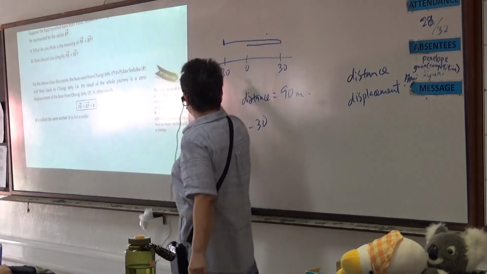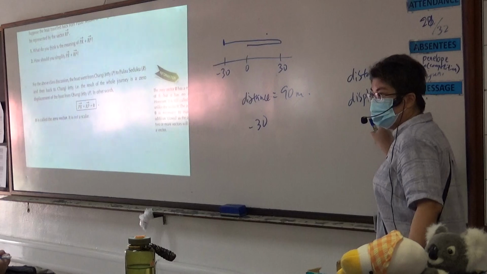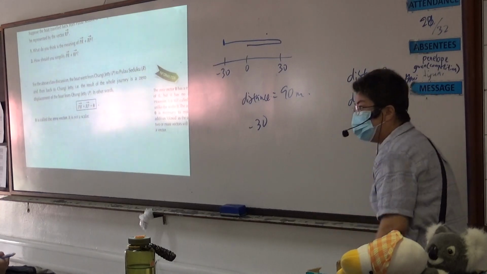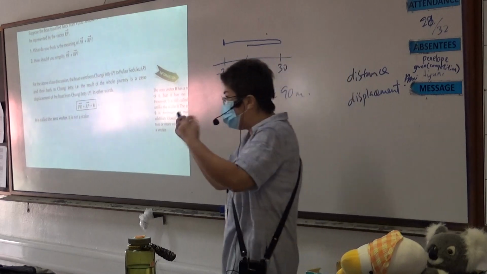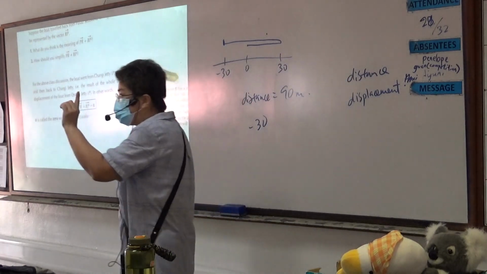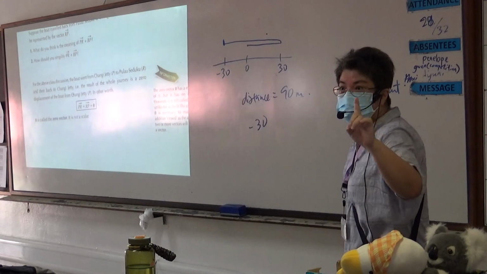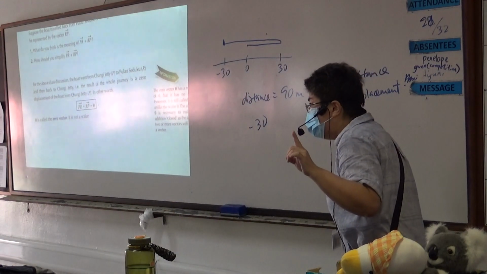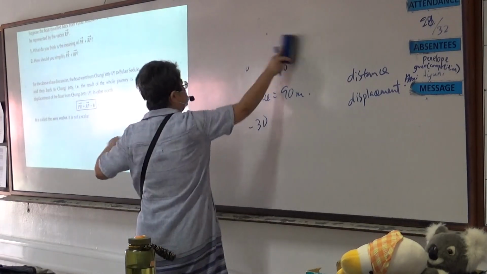That's why displacement has direction. Displacement is a vector. Distance is a scalar. Everybody clear? Because for distance you don't need to know direction. For displacement you must know direction with respect to a particular position. Okay, so this is a zero vector.